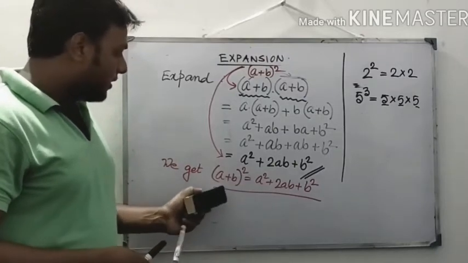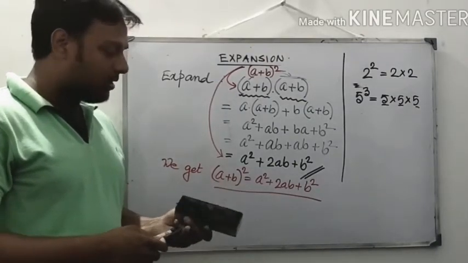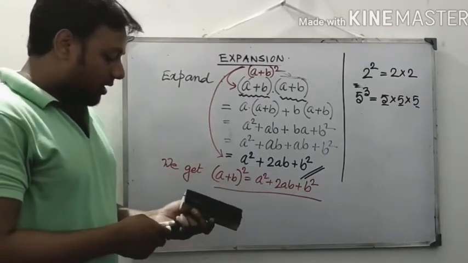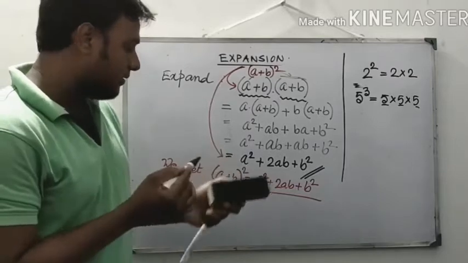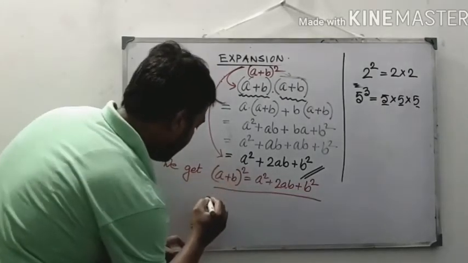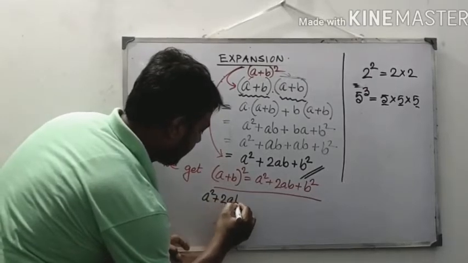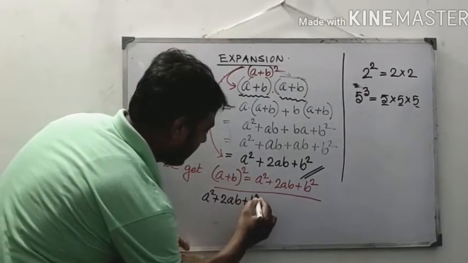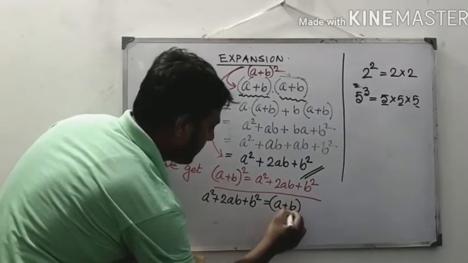Clear? So this is one observation, that (a plus b) whole square equals a square plus 2ab plus b square. If you write this line in this way, that a square plus 2ab plus b square equals (a plus b) whole square.